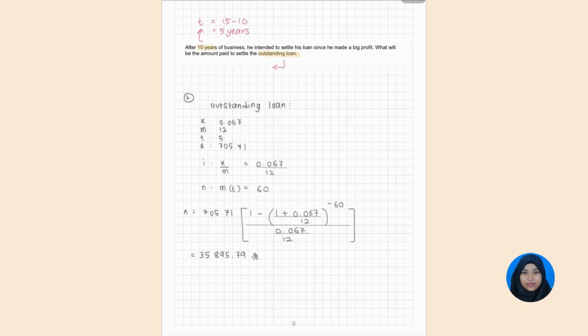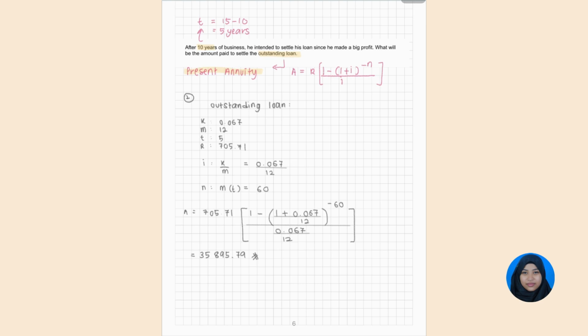So for the outstanding loan, here we have to use the present annuity formula, which is A equals R times 1 minus (1 plus i) to the power of negative n, divided by i.